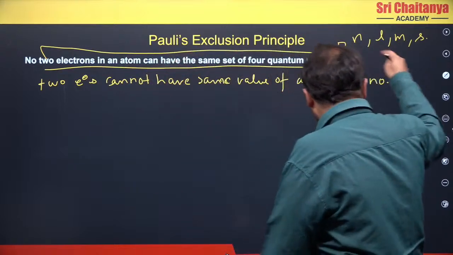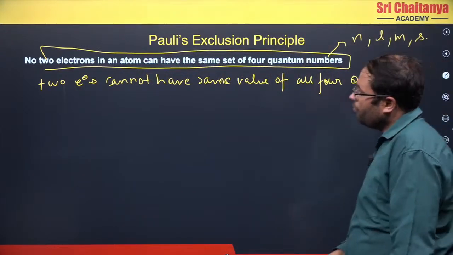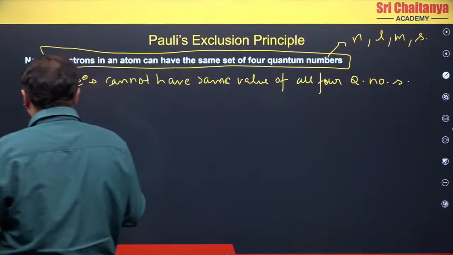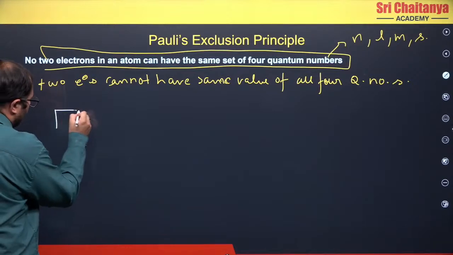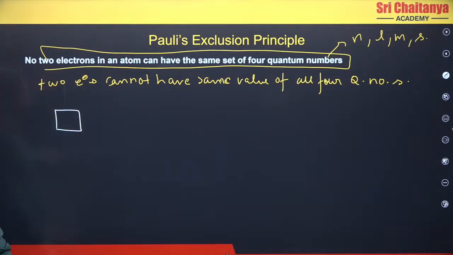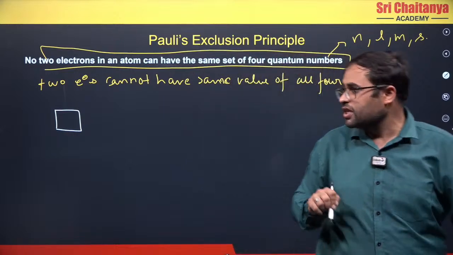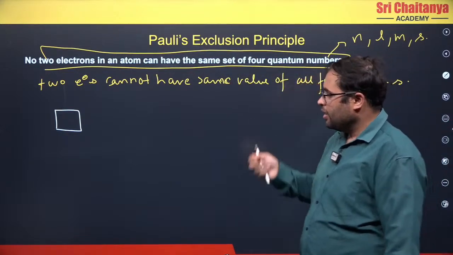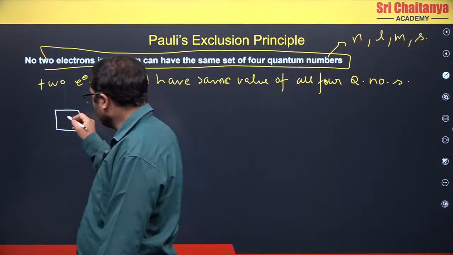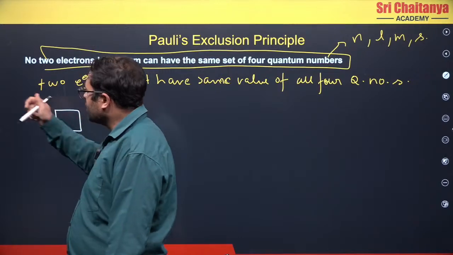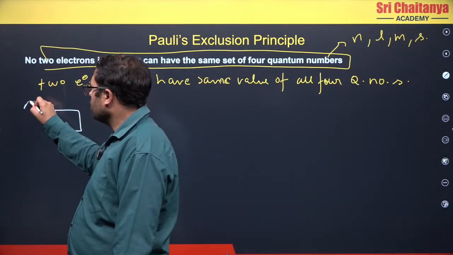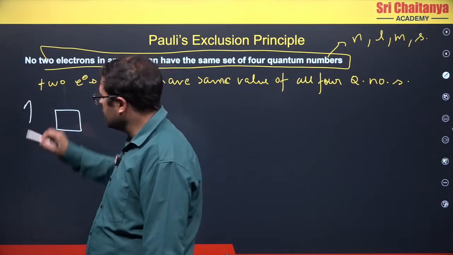Now let us understand that with an example. Suppose this is an orbital. Orbitals are normally represented in books by these square boxes. And electrons with plus half spin point like this, and minus half spin like this.